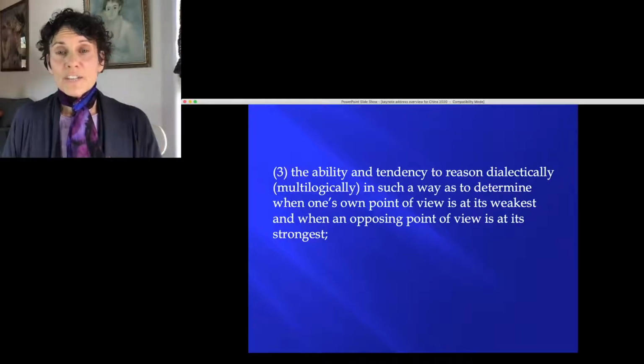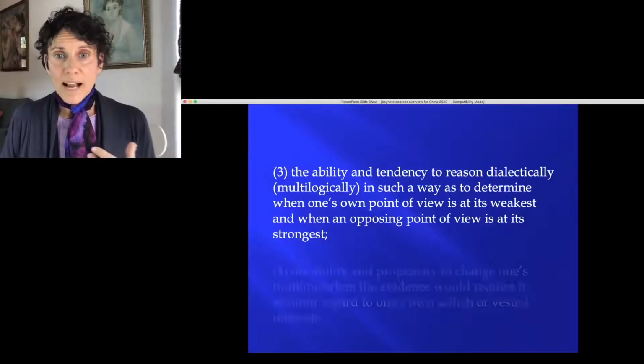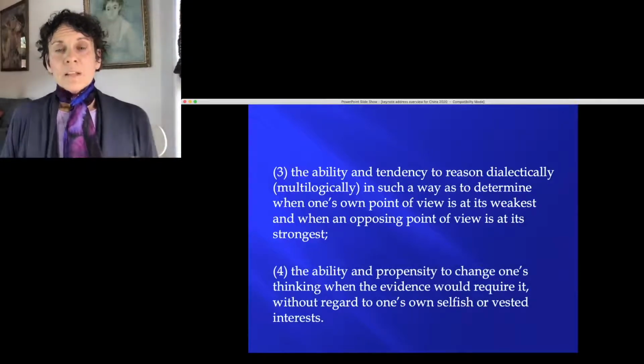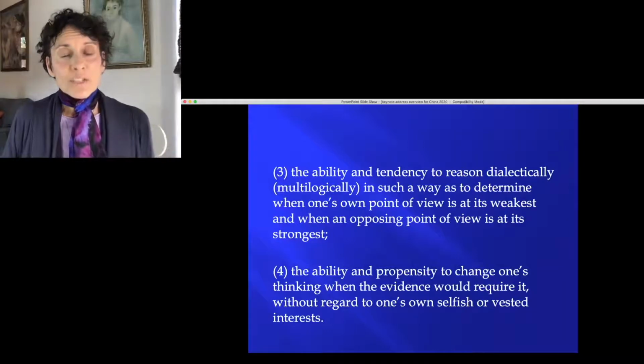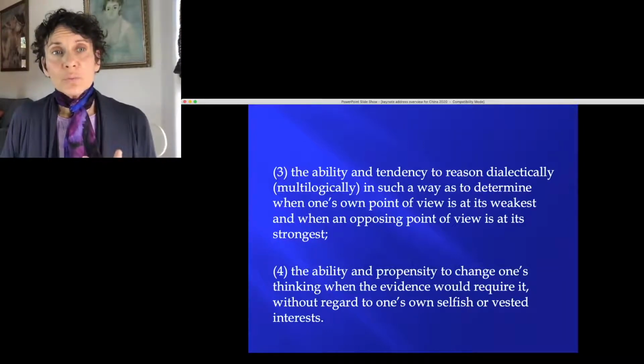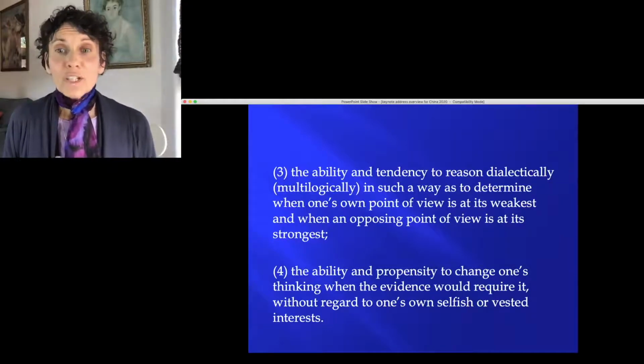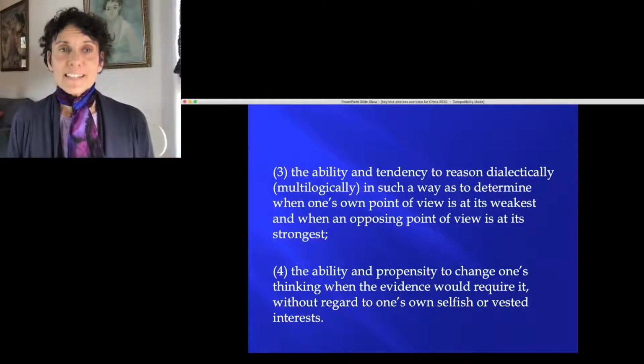So a critical thinker is looking to embody these traits and is not trying to avoid them or acting in bad faith. The ability and propensity to change one's thinking when the evidence would require it, without regard to one's own selfish or vested interests.